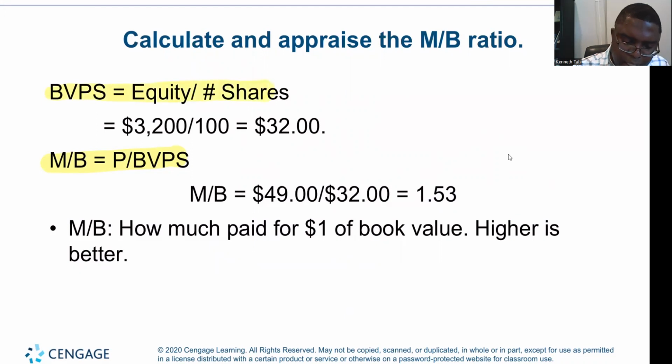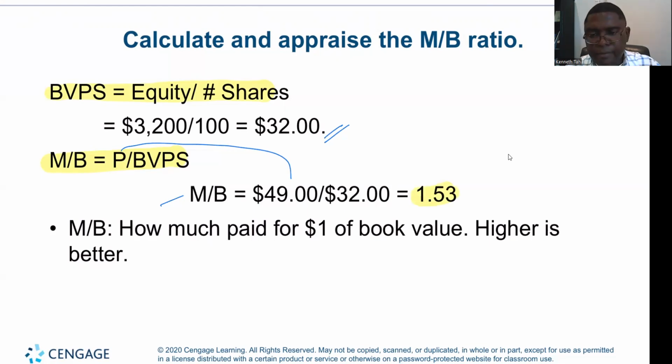The book value per share is equity divided by number of shares, which is $32. So accordingly, the market to book ratio is going to be the price, which is 49, divided by the book value, which is 32, and that will give us a market to book of 1.5.